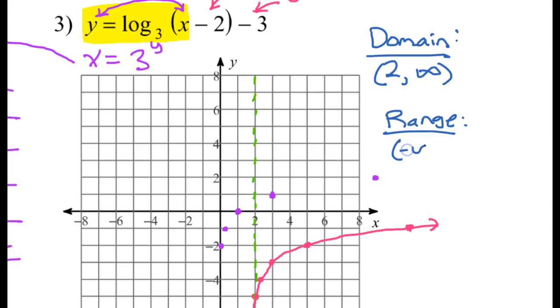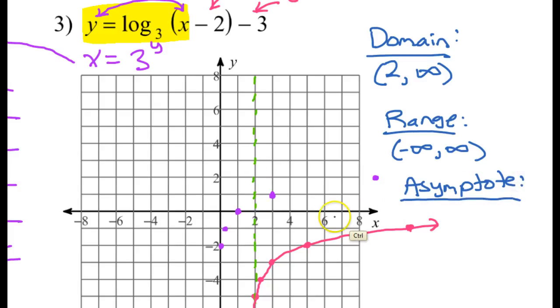This graph goes down forever and it goes up forever. So that's negative infinity to positive infinity. Now the asymptote, we have this vertical asymptote at x equals 2. So that's number 3.